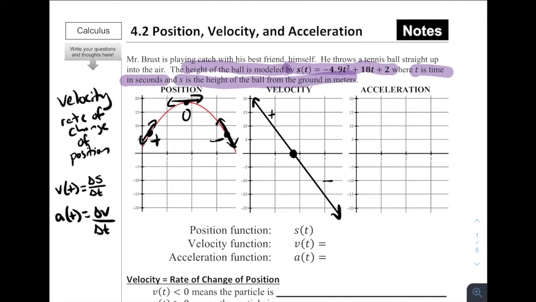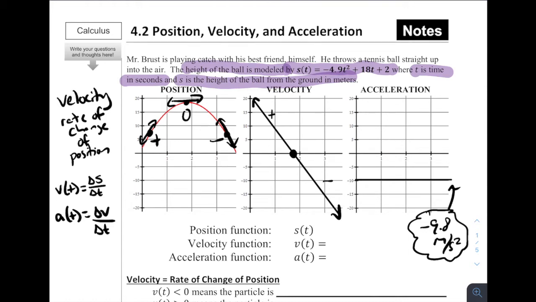And for those of you in AP Physics or thinking back to physics last year, you might have some sort of line that looks like this. And I'm being relatively intentional with where I'm putting it. I would expect that this, if this is a problem that's dealing with gravity on Earth, that the acceleration would be around negative 9.8 meters per second squared, which is our acceleration due to gravity on Earth. And so I would expect, if I were to graph the acceleration in this scenario, that the acceleration would be that negative 9.8 meters per second squared.